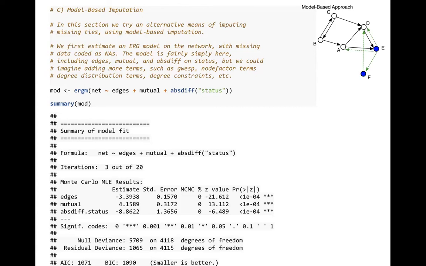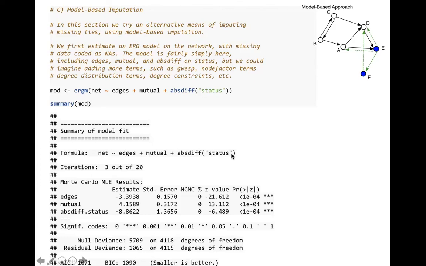Similar ideas with the absdiff status term. A negative coefficient tells us that when people are really different in status, they are less likely to have ties. So when you impute missing edges, if the non-respondent and the respondent they might send an edge to are really far apart on status, the tie is unlikely.